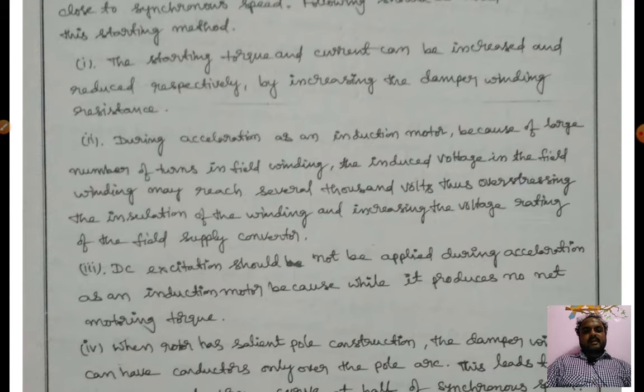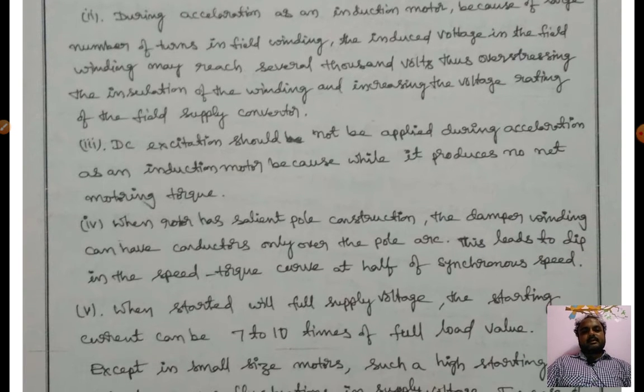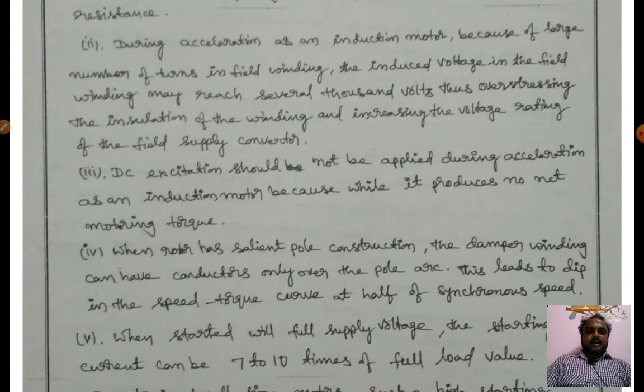During acceleration as an induction motor, because of the large number of turns in the field winding, the induced voltage in the field winding may reach several thousand volts, thus overstressing the insulation of the winding and increasing the voltage rating of the field supply converter. So by using the damper winding resistance and the field winding, we can keep the rotor speed nearly equal to the synchronous speed.